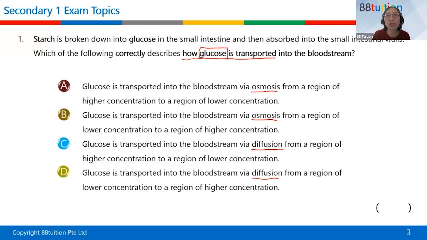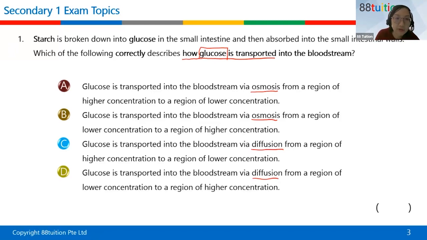If you're not sure, just type not sure, so at least I know you're there. Okay, Wesley says osmosis. How about the rest? Charmaine and Hein, the two ladies, are you there? Is this diffusion or osmosis?